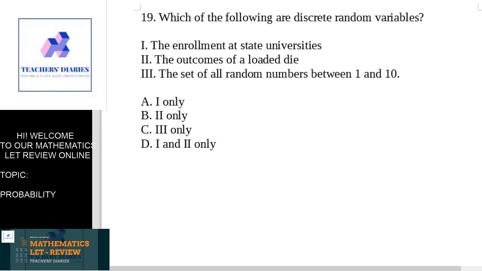Third statement, the set of all random numbers between 1 and 10. Choices. Letter A, 1 only. Letter B, second statement only. Letter C, third statement only. Letter D, the first and the second statement only.